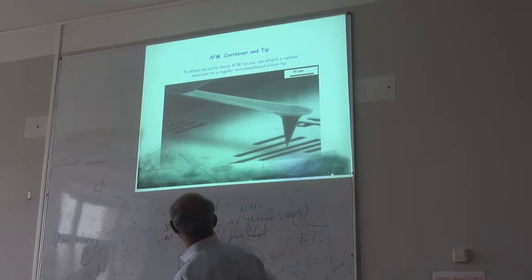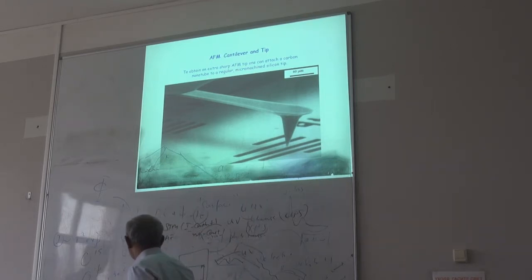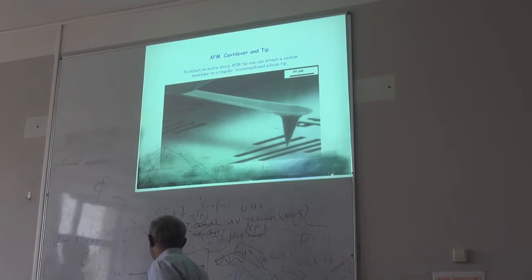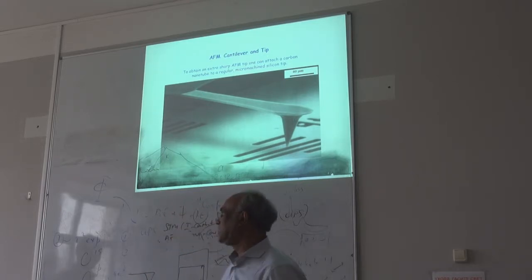This is the silicon cantilever, and what they do is they grow very sharp silver nanowires. They are very sharp, so they use these to probe, and they have a company to sell them. You can even use carbon nanotubes. If you can grow carbon nanotubes here, then you can see much finer features.